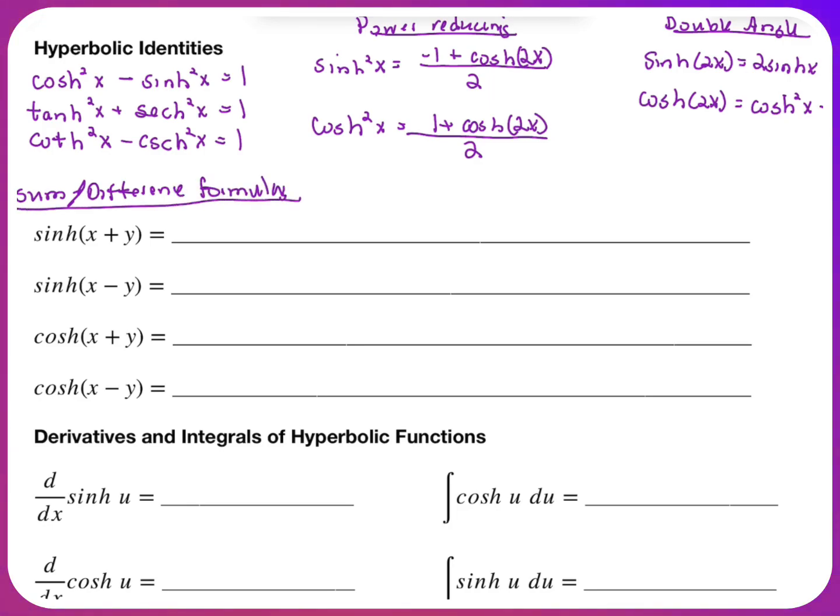So the hyperbolic sum formula, hyperbolic sine of x plus y, is equal to hyperbolic sine of x times the hyperbolic cosine of y plus the hyperbolic cosine of x times the hyperbolic sine of y. And then the difference formula for sine is the hyperbolic sine of x times the hyperbolic cosine of y minus the hyperbolic cosine of x times the hyperbolic sine of y.